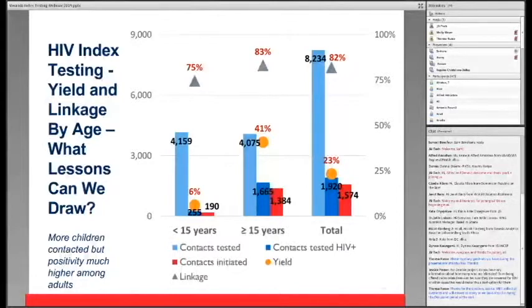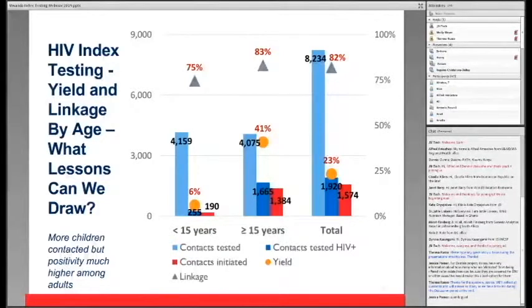And out of this practice, which is an aspect of HIV index testing as well, between April 2018 and February 2019, we reached out to almost 4,100 children. Out of these, 255 were positive, giving us a positivity yield of 6%.